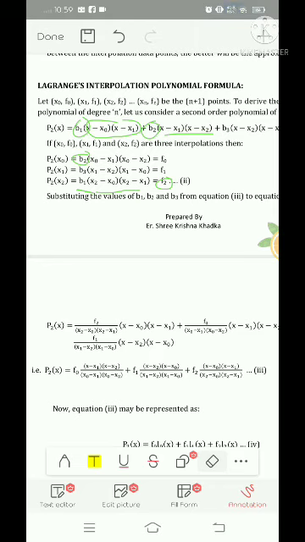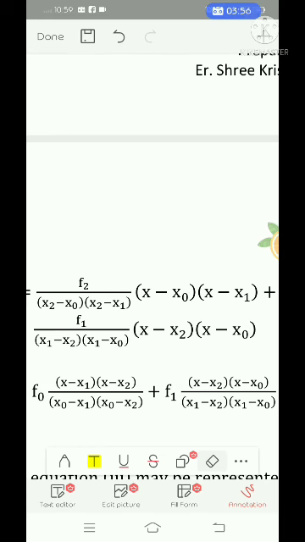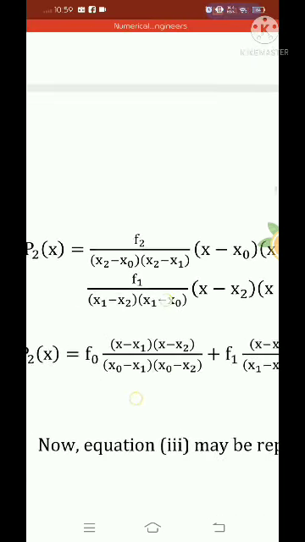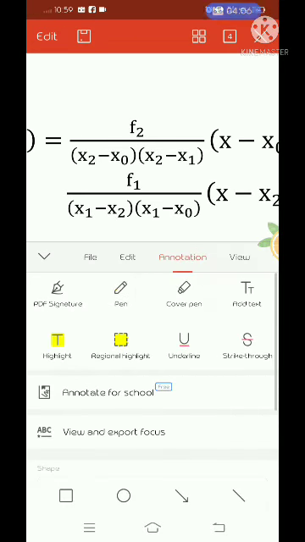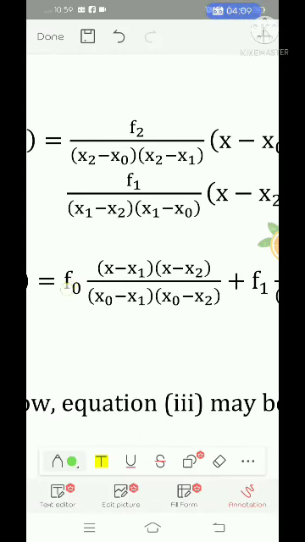Now, what do you notice, class? Let's look at it closely. What do you notice? When it is f sub 0, look at the subscript, the numerator is all x. x minus, then x sub 1, x sub 2.